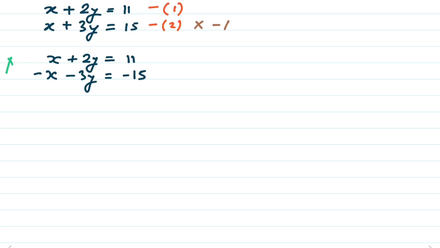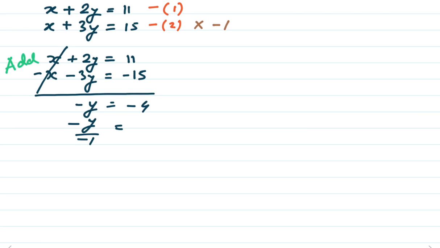Now I'm going to do addition, which will eliminate my x. So I got -y equal to -4. So you can say -y divided by -1, -4 divided by -1, and you get y equals 4.